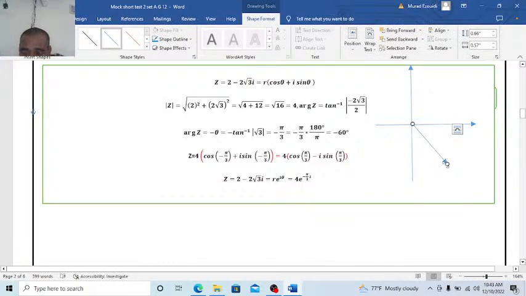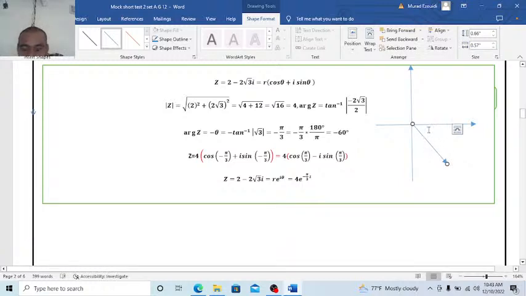Therefore, for the letter Z, this angle is negative. The angle is measured from the terminal side to the positive real axis, but my argument should be measured from the positive real axis to the terminal side.